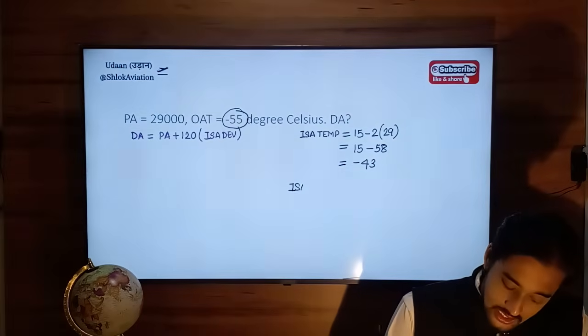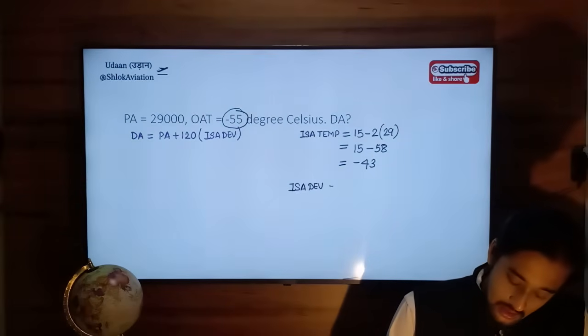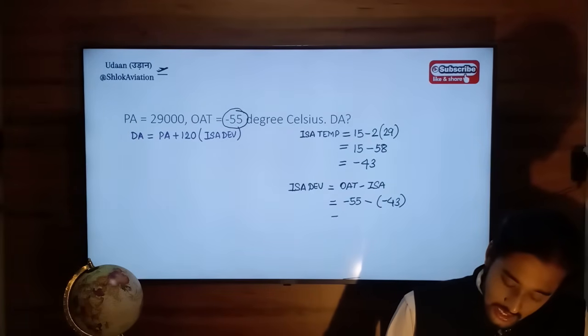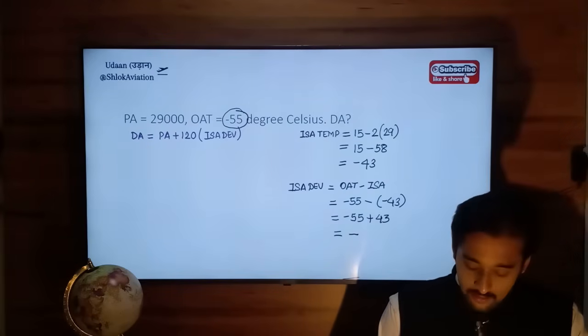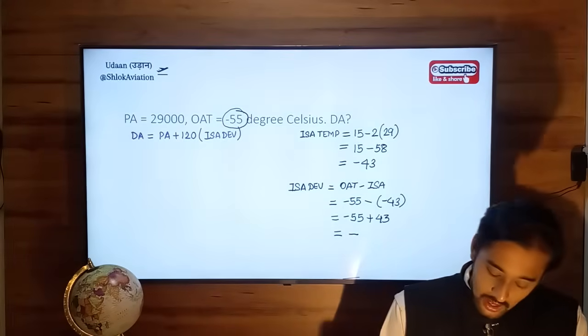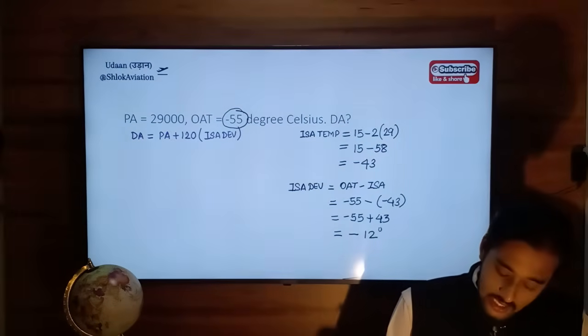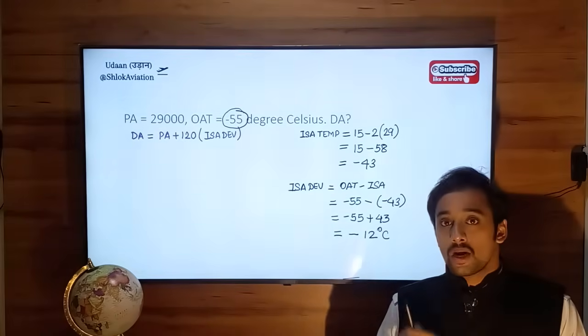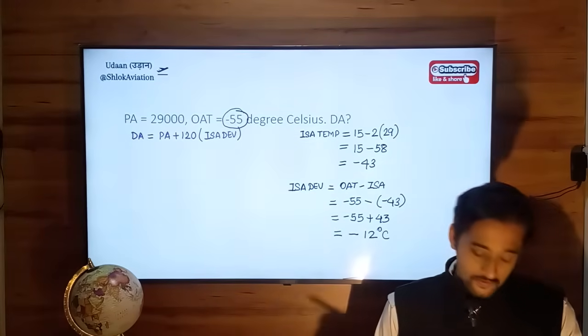So ISA deviation is outside temperature minus ISA temperature: minus 55 minus of minus 43. So minus 55 plus 43 is minus 12, that is 12 degrees Celsius. That is the difference. And minus indicates colder than the given value.